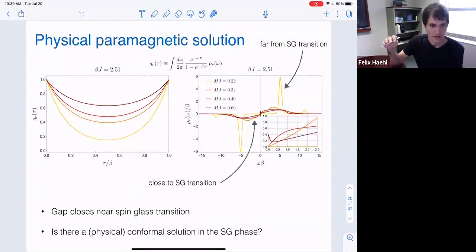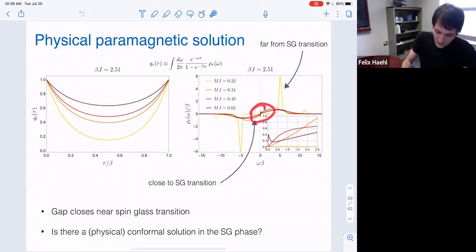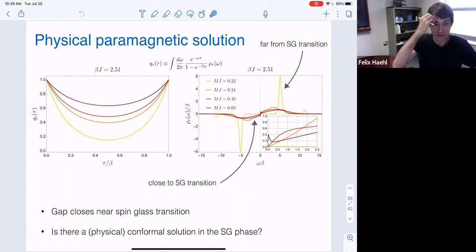So these solutions are quite gapped, and so you would not associate a conformal description with that. However, a feature that we'll get back to later is this interesting thing that happens here: as you increase mj, so as you go closer to the spin glass transition.